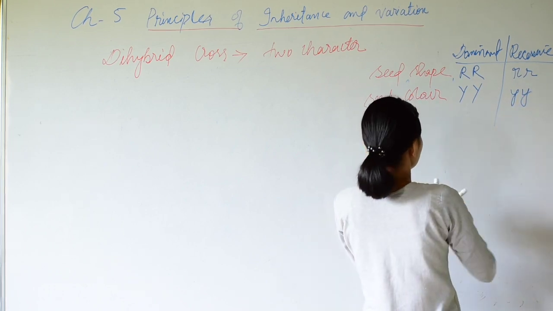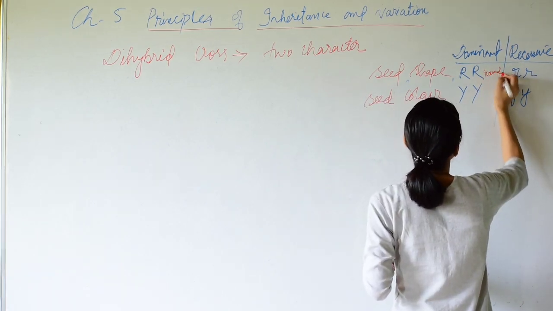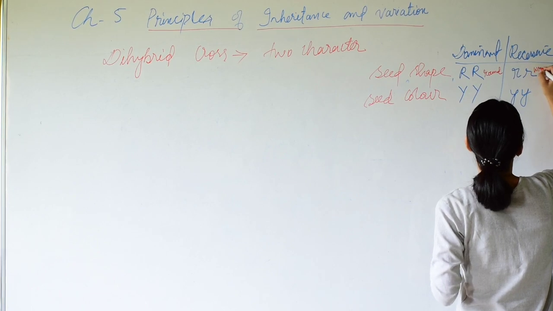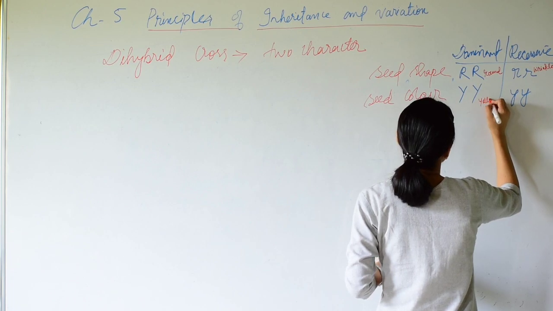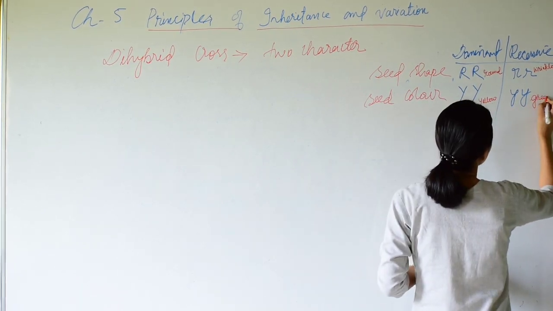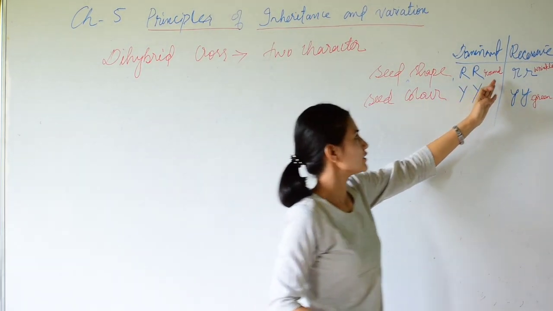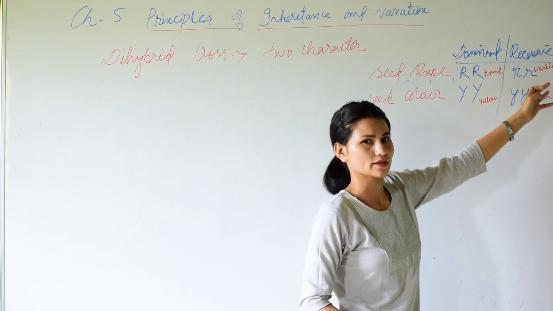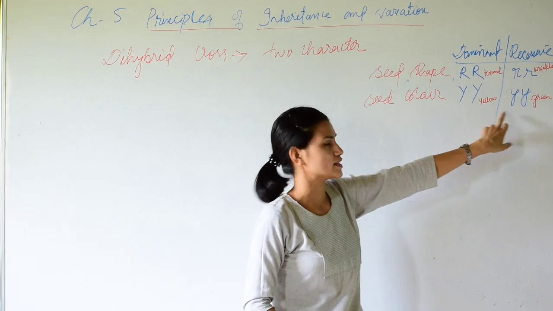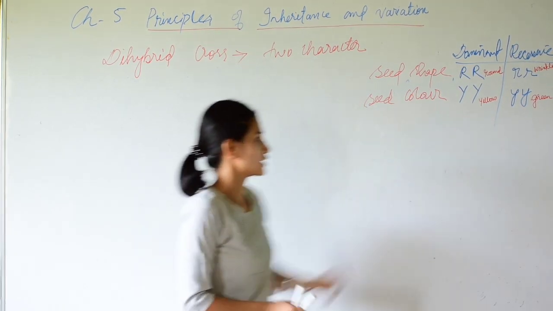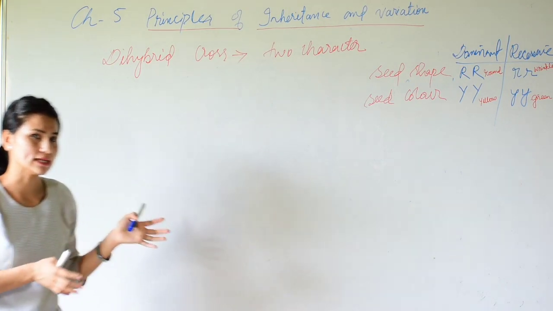Let me write it down. This is yellow, green. I hope you are clear with this. Dominant will be capital R, that is round, and recessive will be small r, that is wrinkle. And for the seed color, we can use capital Y for yellow, and small y for green. Now we are going to apply the same procedure that we did in the monohybrid cross.